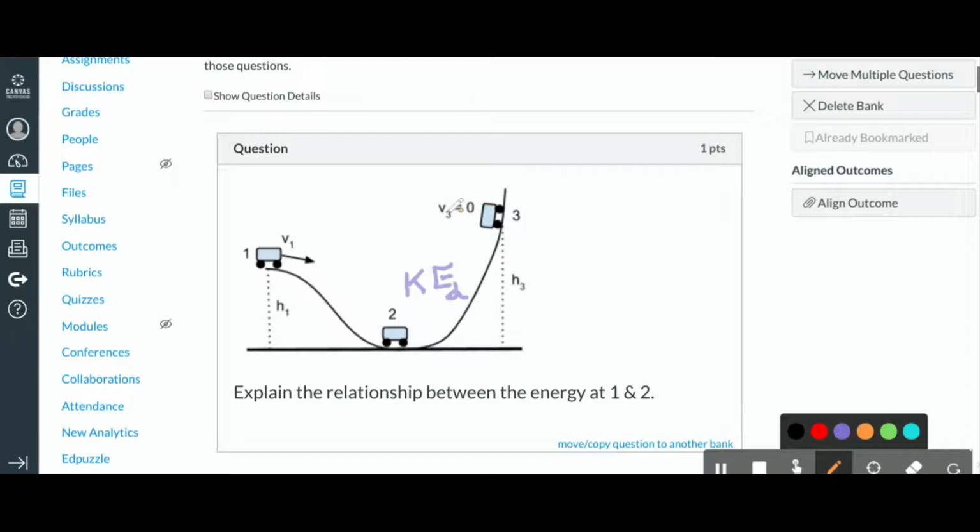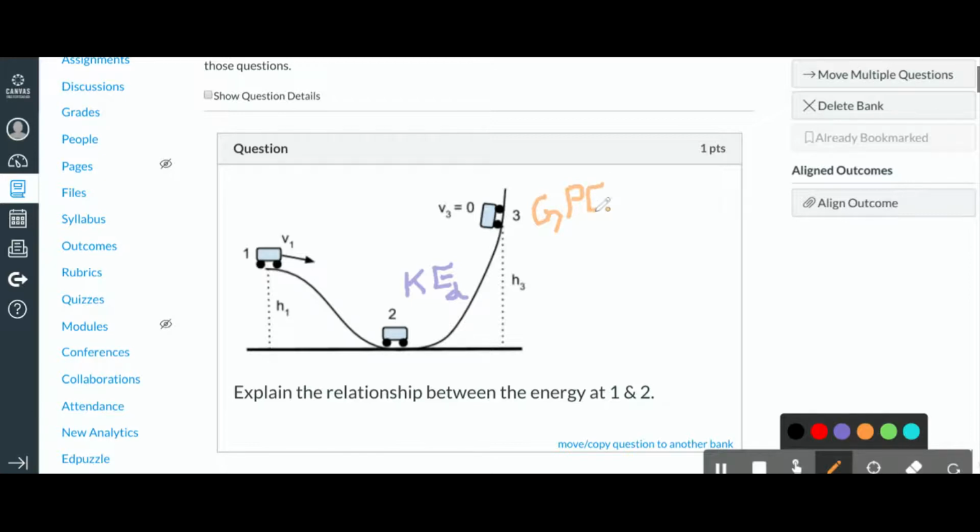That means we're not going to have any kinetic energy, right? Something that's not moving has a velocity of 0 and has no kinetic energy. But clearly here at 3, there's height. So here at 3, we're going to expect some of that gravitational potential energy.